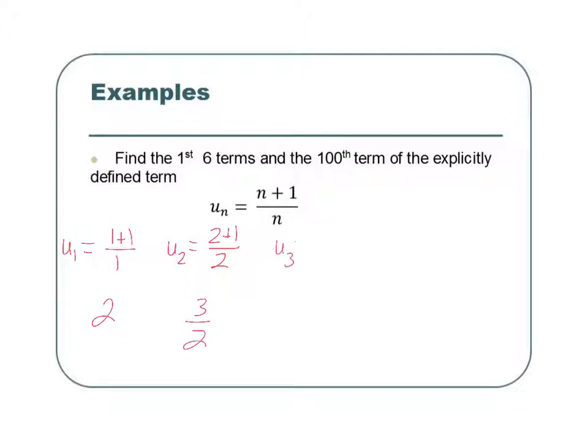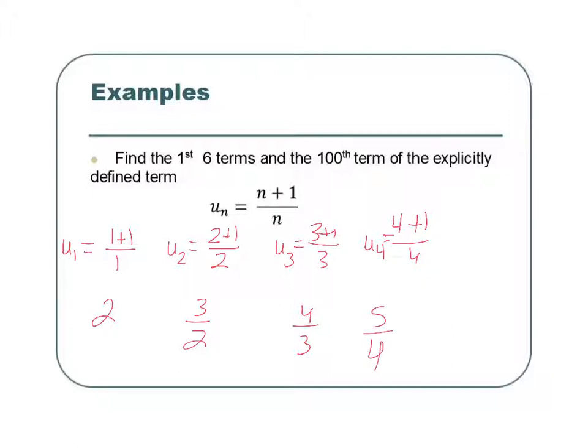If I want the third term, well, I'm just going to take 3 plus 1 over 3, which is 4/3. And if I want the fourth term, then I'm going to put 4 in for n. So 4 plus 1 over 4 would equal 5/4.